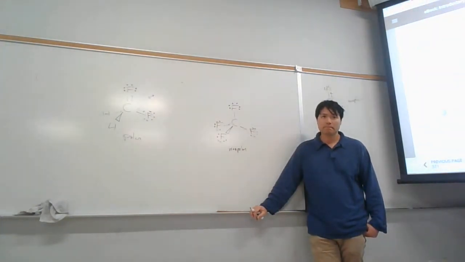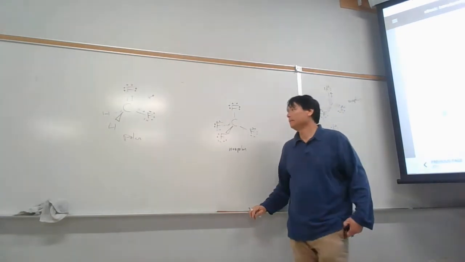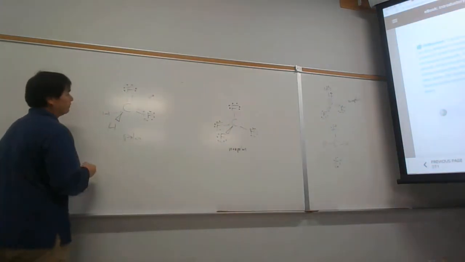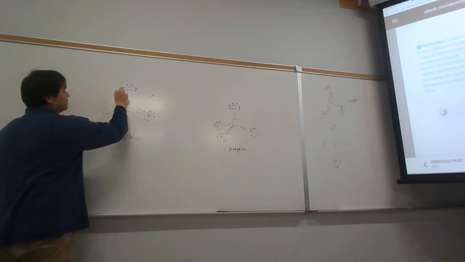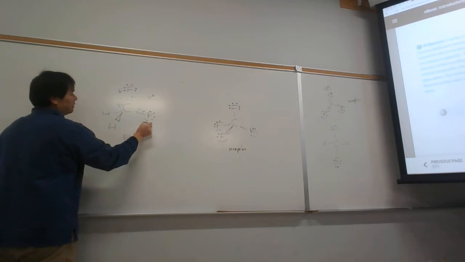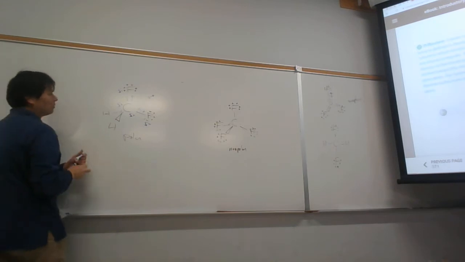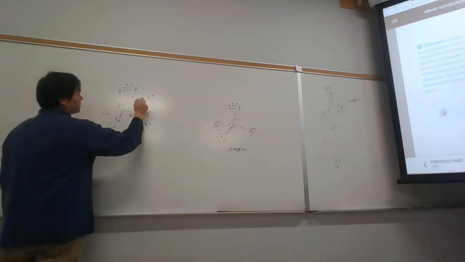So the polarity of the molecule is based on the charges then? Right, on the charges. So basically, if we look at the bond dipoles, this is delta minus, fluorine's more electronegative, carbon's delta plus, this is delta minus, this is delta plus. And overall, the carbon is going to be delta plus.